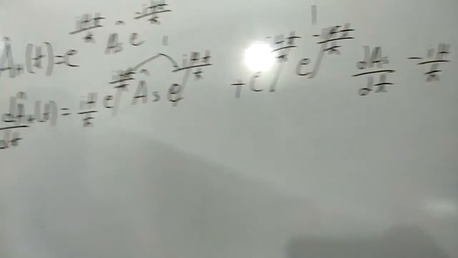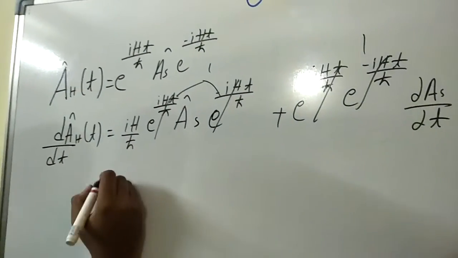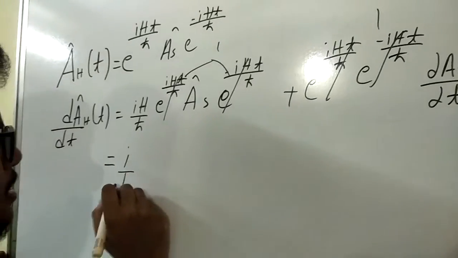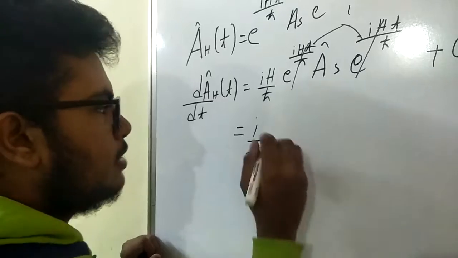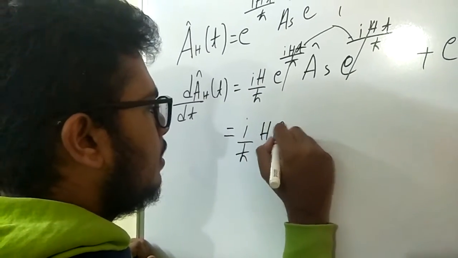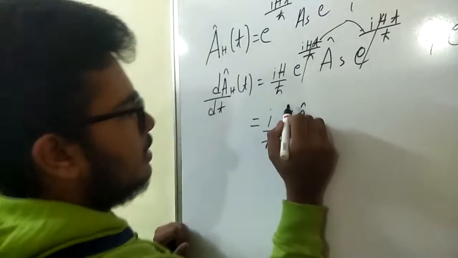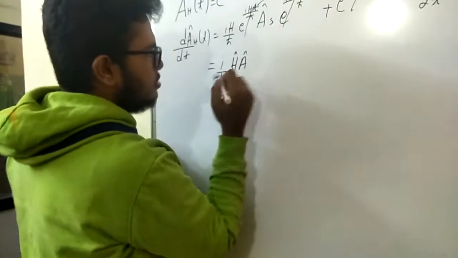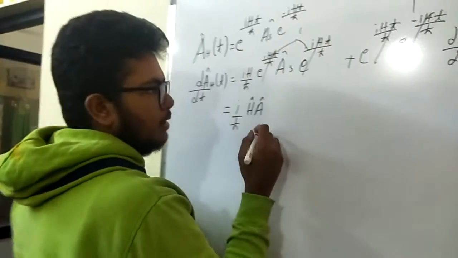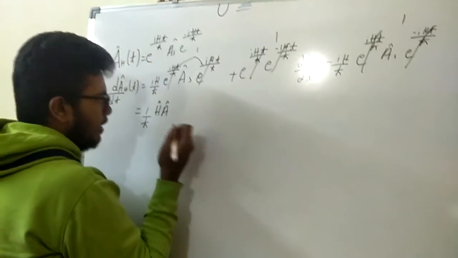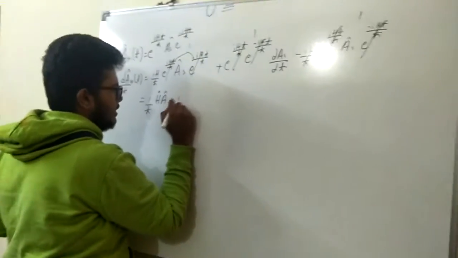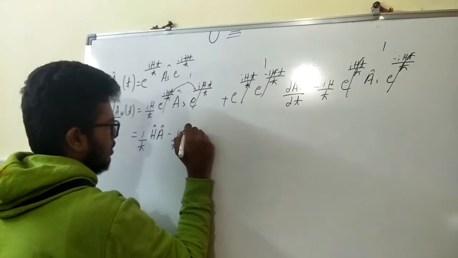So that's 1. Now we can rewrite this equation. I and h bar are constants, but the Hamiltonian is actually an operator, so I could write H A, and now I could give it a hat just to denote that this is an operator, and I could take this minus 1 over here, and minus iH bar. Oh, sorry.